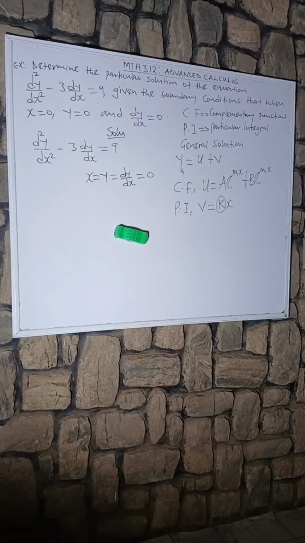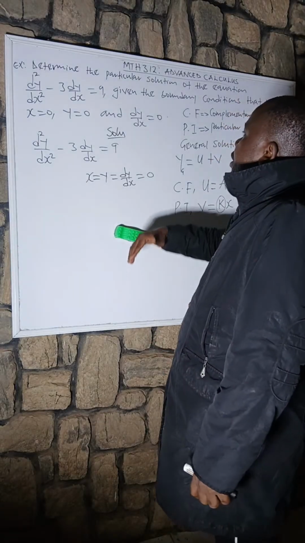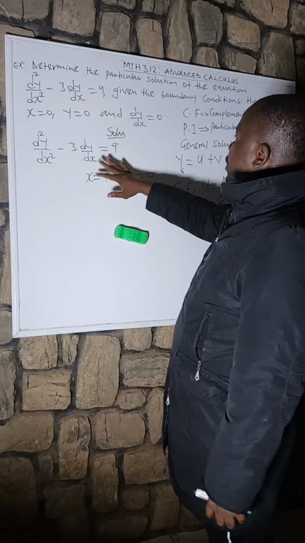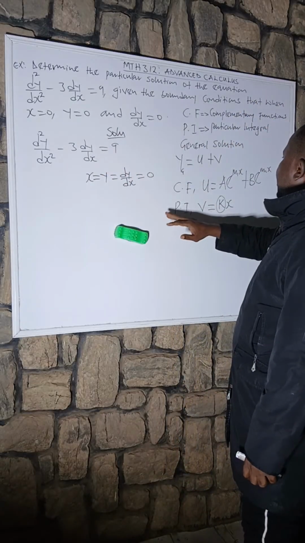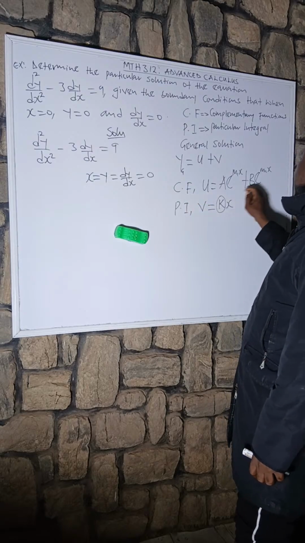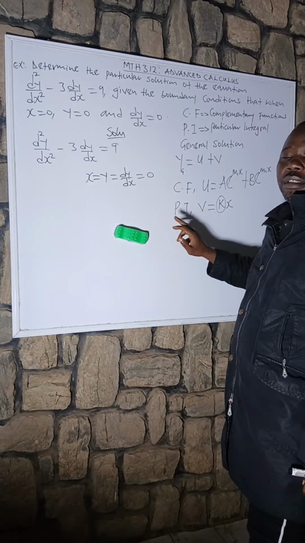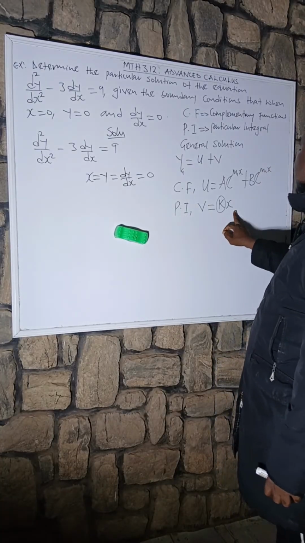Let's proceed. This is how you are going to solve non-homogeneous second order differential equations. You first consider the complementary function, which is u equals this. Then go ahead to consider the particular integral, v equals this.